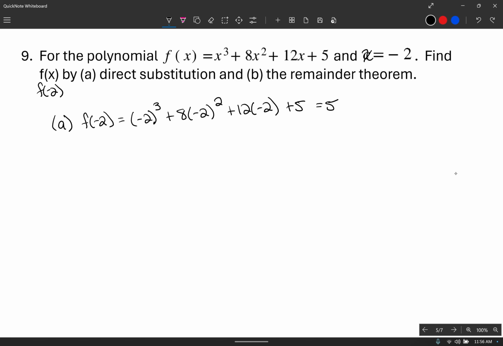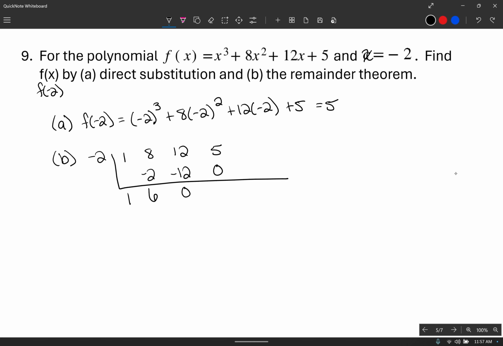So I'm going to put the negative 2 on the outside of the box. I am not missing any terms, so I have a 1, 8, 12, and 5. I drop the 1. 1 times negative 2 is negative 2, plus 8 is 6, times negative 2 is negative 12, plus 12 is 0, times negative 2 is 0, with a remainder of 5.